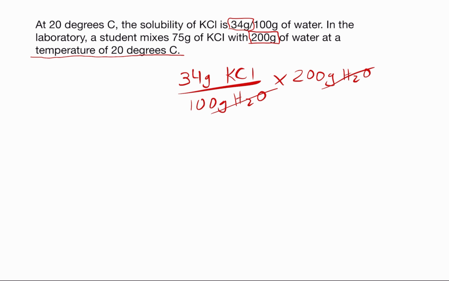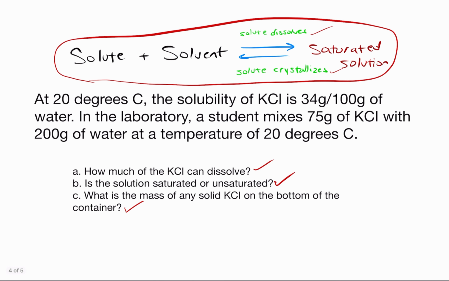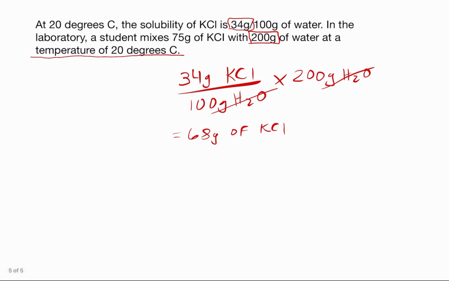And if we divide 34 by 100 and times it by 200 on your calculator, you'll get 68 grams of potassium chloride. So that answers the first question. How much of potassium chloride can dissolve? Only 68 grams will dissolve in 200 grams of water.